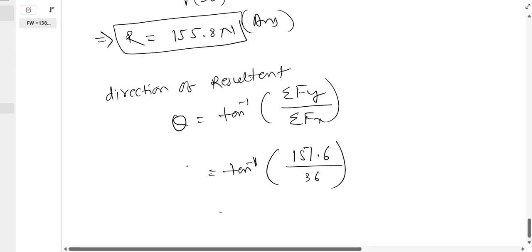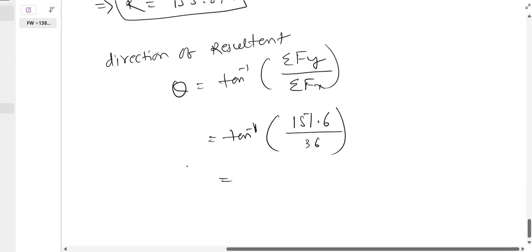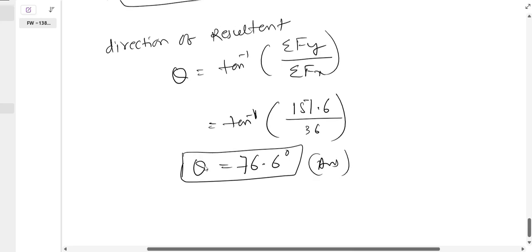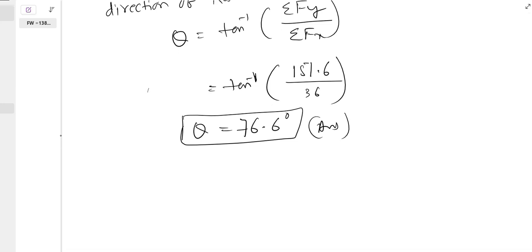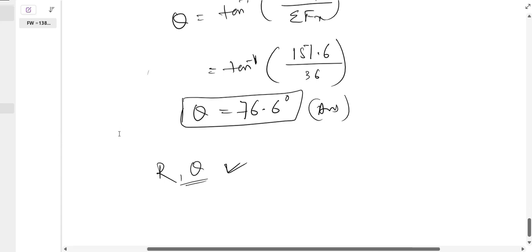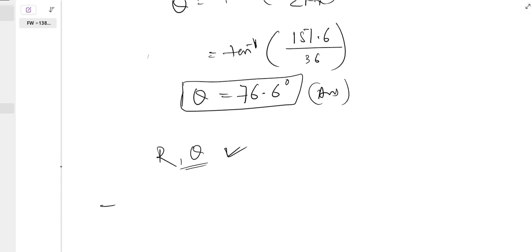This value can be calculated by the help of calculator, which is equal to 76.6 degree. This is our answer for theta.